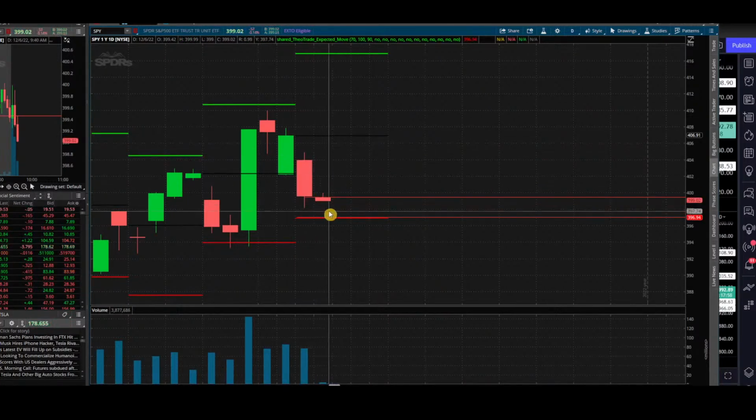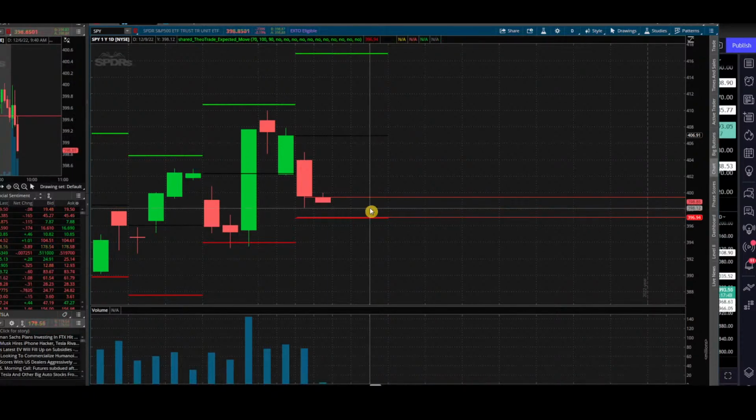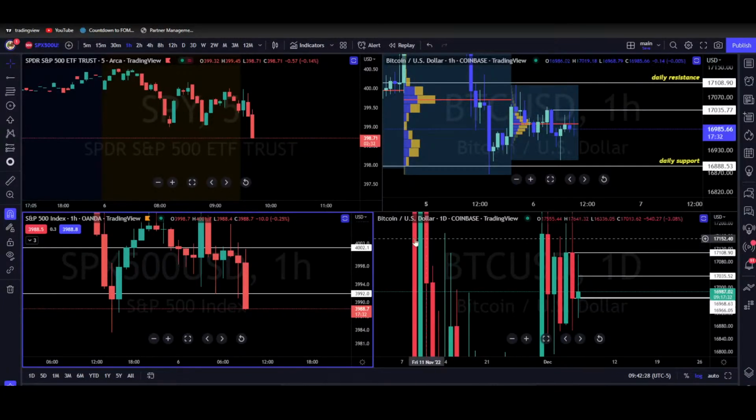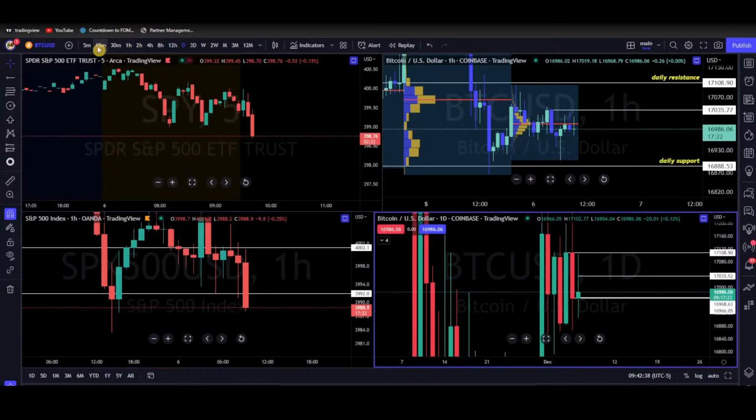We do typically like to see this for the first part of the week. So even though it's going down here, I'm not too concerned yet. We'll see. That's 396. So that'd be a $4 loss on the call itself. But we'll see if it gets down there and if it indeed holds support. Very nasty candle. So it's probably only a matter of time before Bitcoin does the exact same thing.